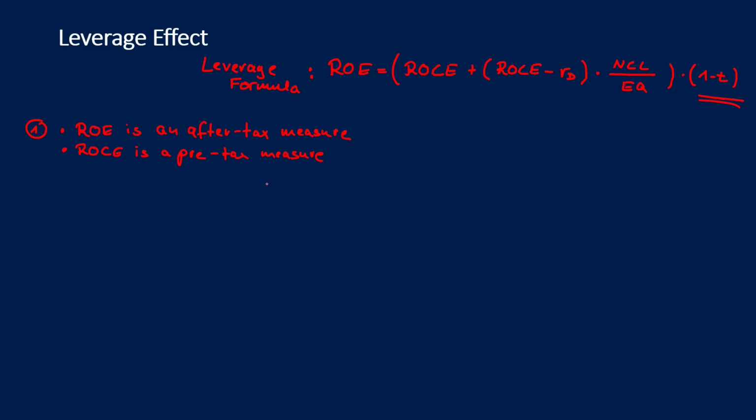But this is not the most important point. A second point is that this ratio here, so debt divided by equity, is called the leverage ratio. So let's write that down. Point number 2. Debt, interest-bearing debt, or in this case non-current liabilities, divided by the equity is called leverage ratio.